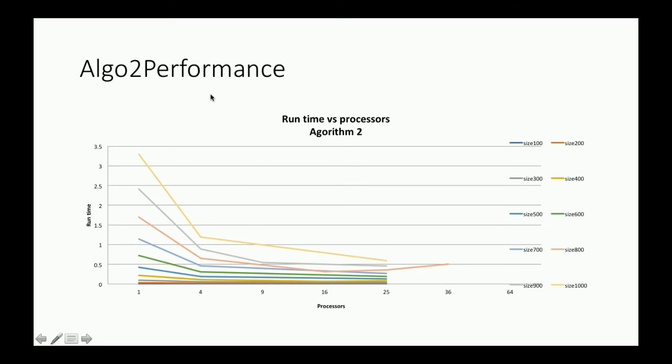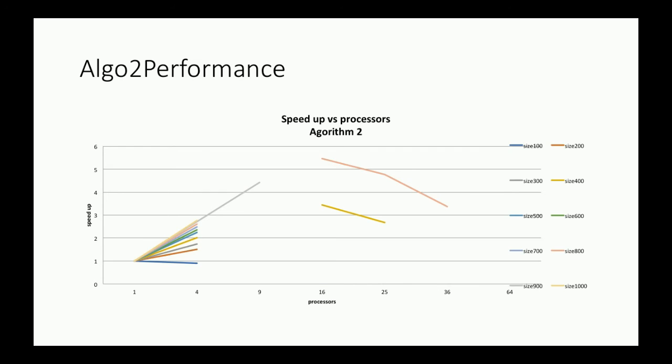The results of both algorithms. For algorithm 2, we can observe that the runtime is decreasing, which means that we got good results for the parallelization. For the speedup, we observe an increasing behavior, but after 16 processors, a decreasing behavior.